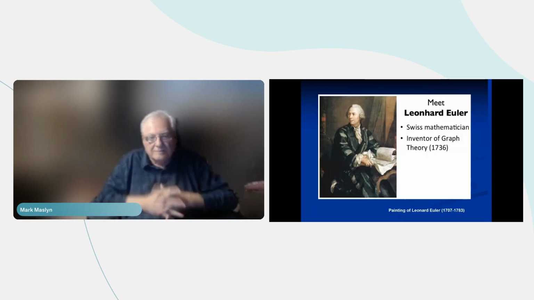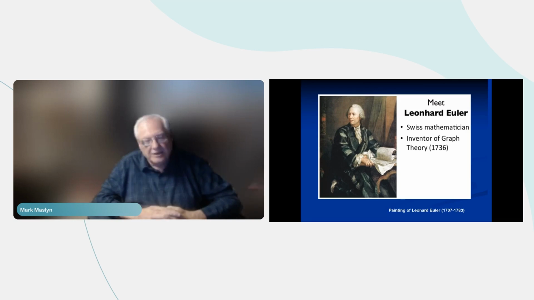Now, everybody that's really looked into graphs has certainly come across Leonhard Euler. He was the Swiss mathematician that was the inventor of graph theory. He was famous for many kinds of mathematical discoveries, but of course, here today, we're looking at one of the best known, which is graph theory.